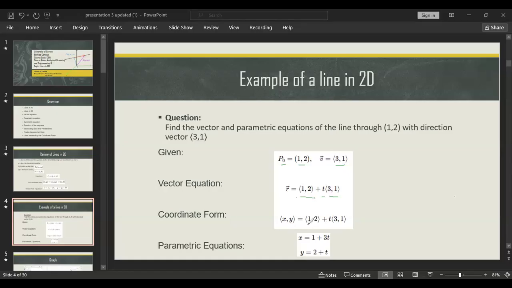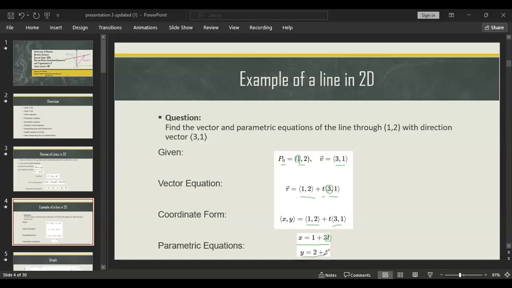In coordinate form, we do something similar where the first bracket would be (1, 2) plus t in bracket (3, 1). So our parametric equations become first, x is equal to 1 plus 3t, which is basically the first coordinate, the x coordinate, which is 1, plus the first part of our direction vector, and then we include the given t parameter.